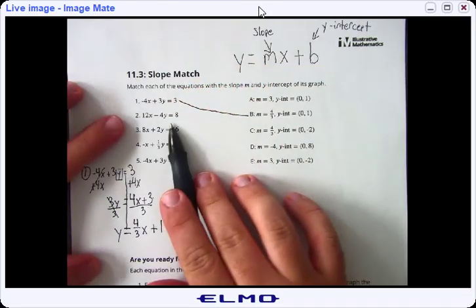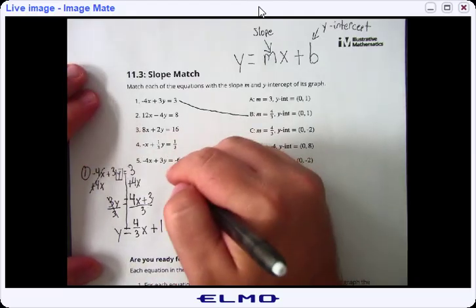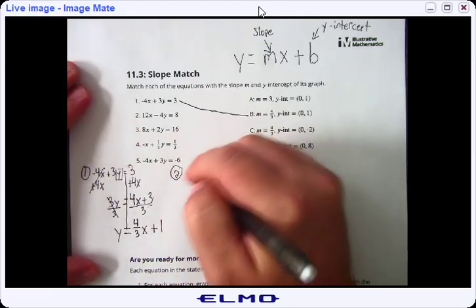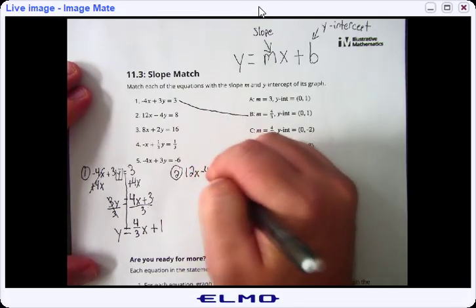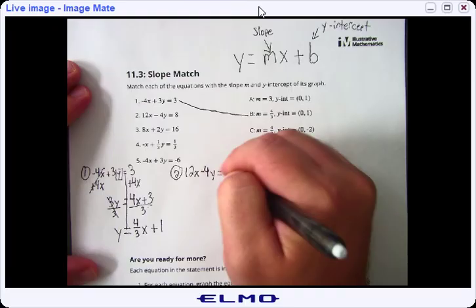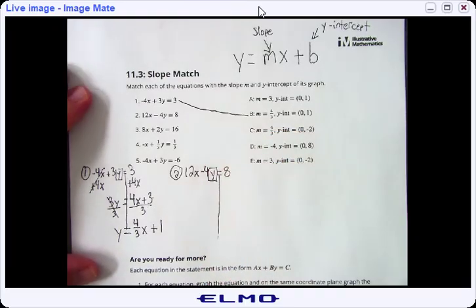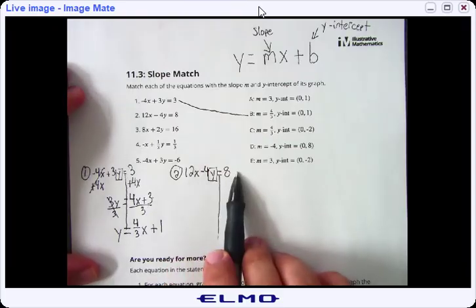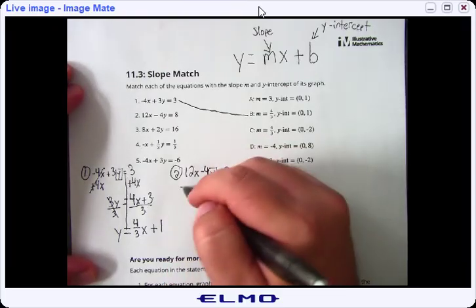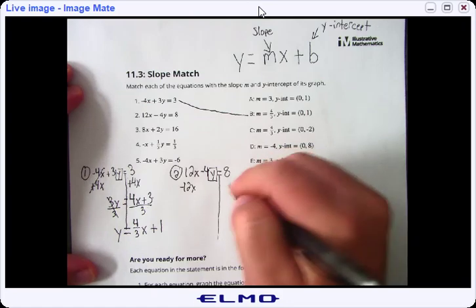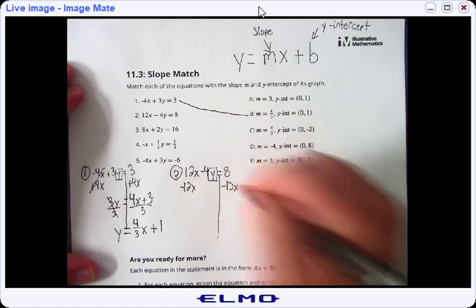If I do those same steps on number 2, number 2 is 12x minus 4y equals 8. I protect this y and cancel everything off to the other side. My first step would be to minus 12x on both sides.